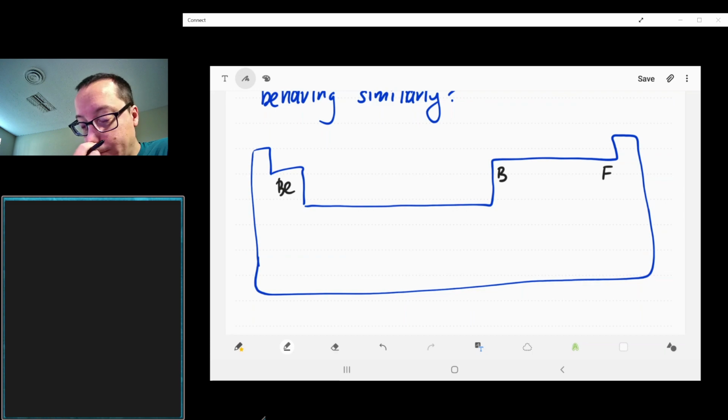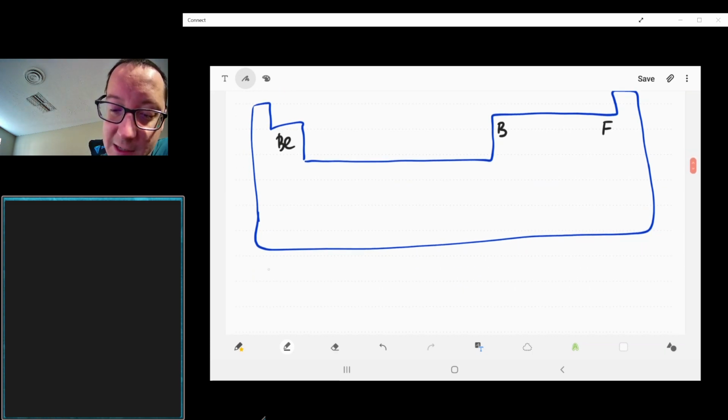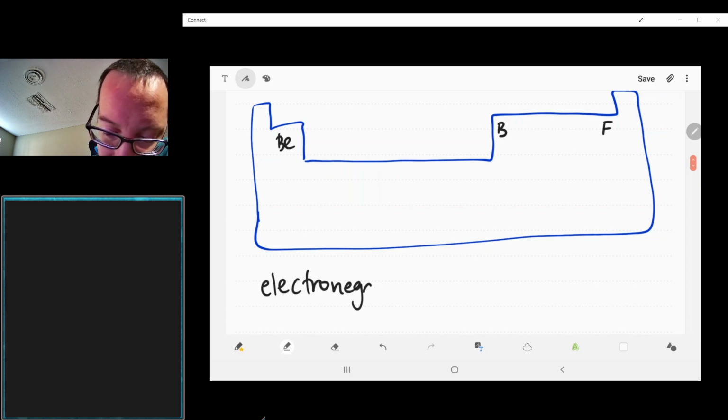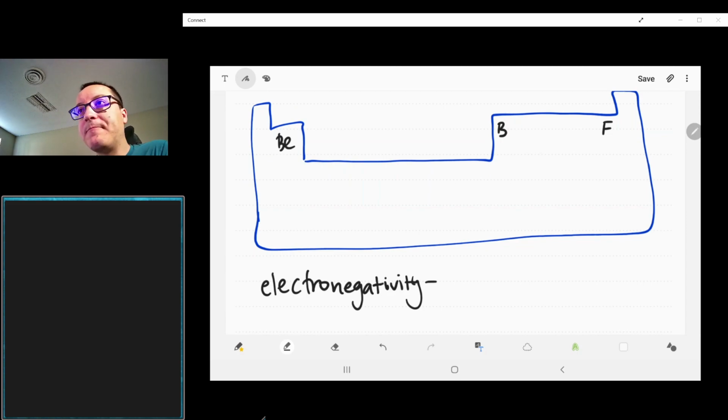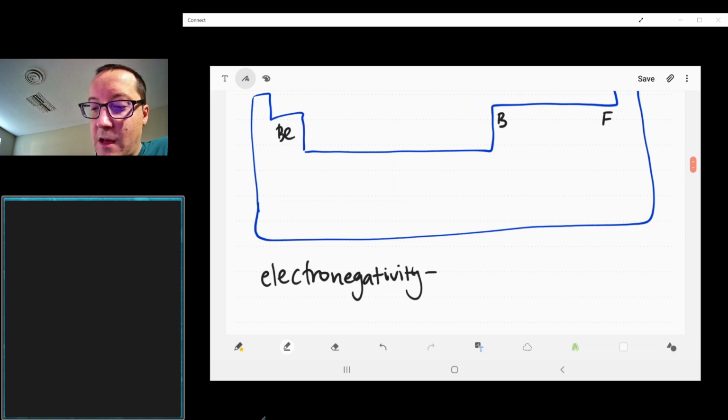We're going to see that this property of electronegativity is kind of the opposite of ionization energy. It's not the true opposite. That's something called electron affinity, but we're going to see that the trend is going to be the opposite here.